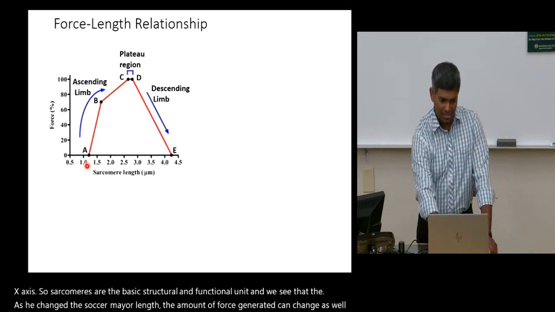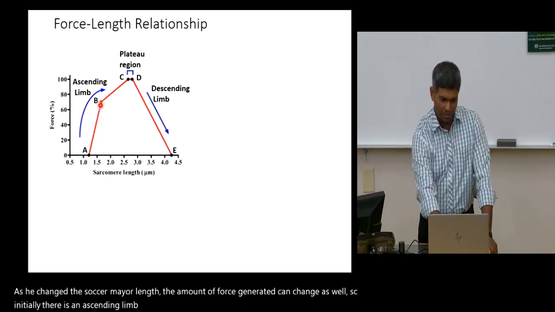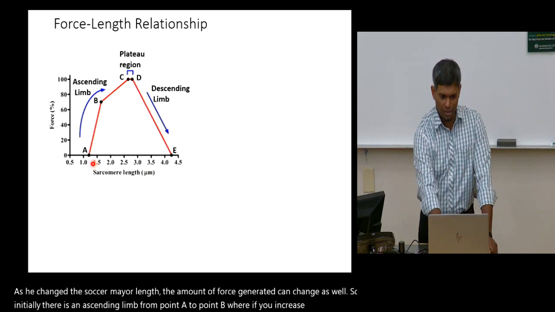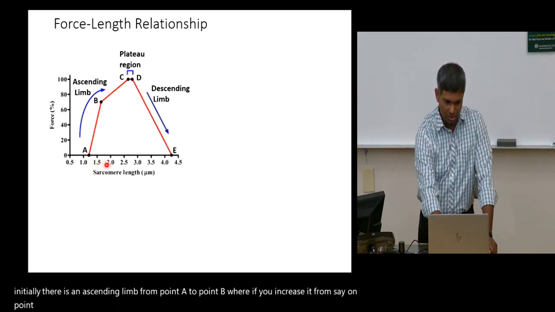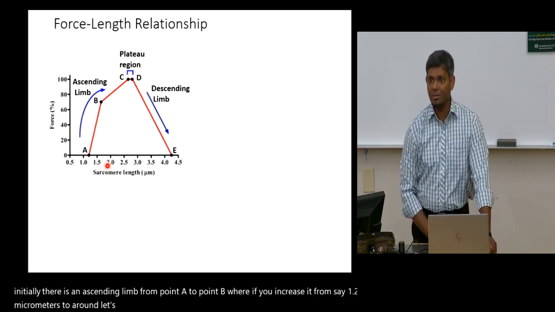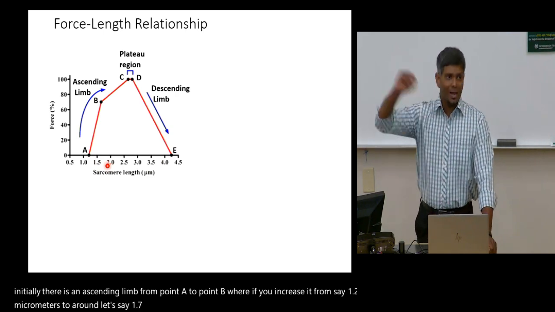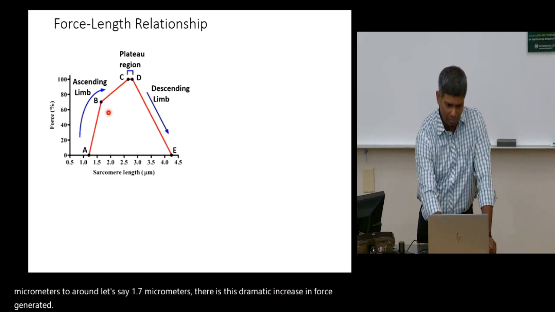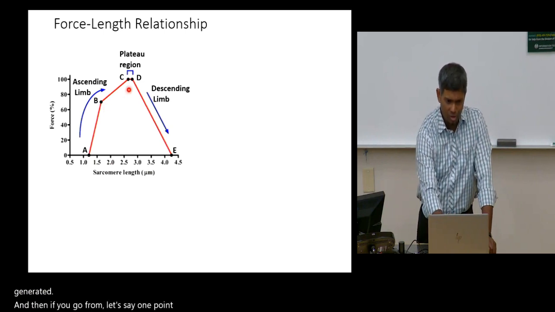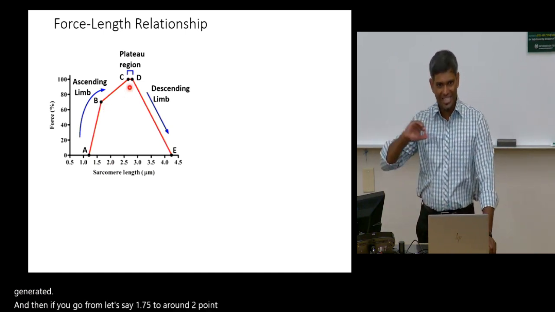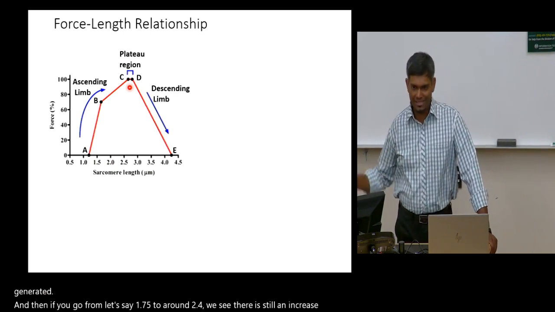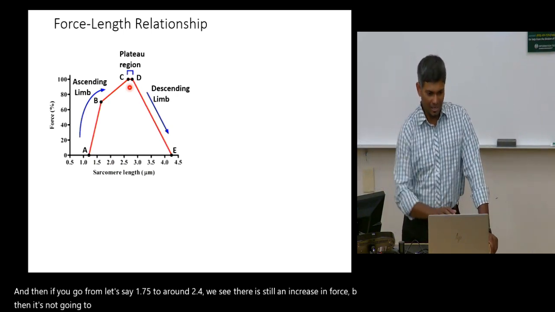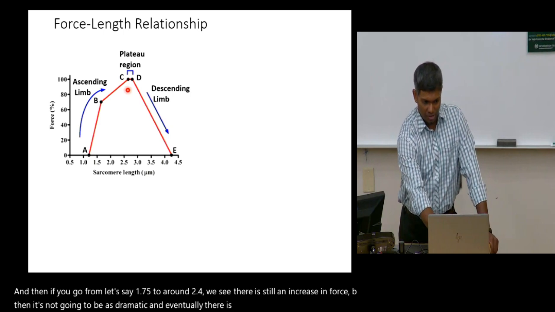So initially there is an ascending limb from point A to point B, where if you increase it from say 1.2 micrometers to around, let's say, 1.7 micrometers, there is this dramatic increase in force generated. And then if you go from, let's say, 1.75 to around 2.4, we see there is still an increase in force, but then it's not going to be as dramatic, and eventually there is this plateau region.